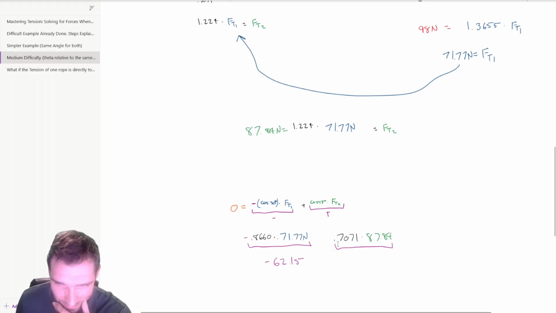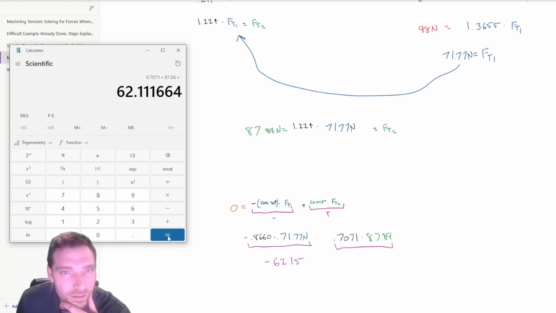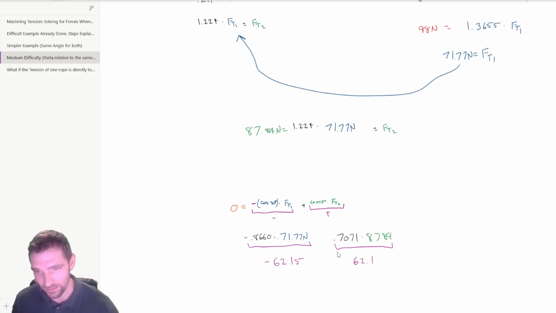And it does kind of look like that because 70% of that number should be around the 60s range. So 0.7071 times the 87.84. Yeah, moment of truth. Pretty close. I mean, it's off by the fourth sig fig, but I was rounding a little bit earlier, so that kind of accounts for that. If we had not rounded, then these should cancel out exactly.